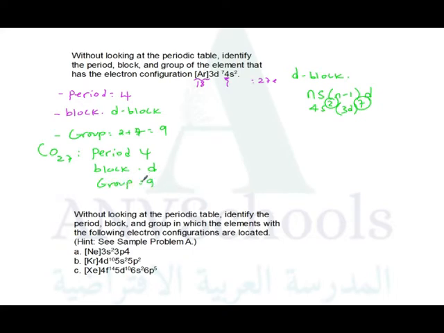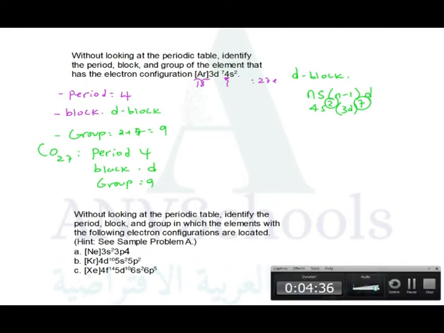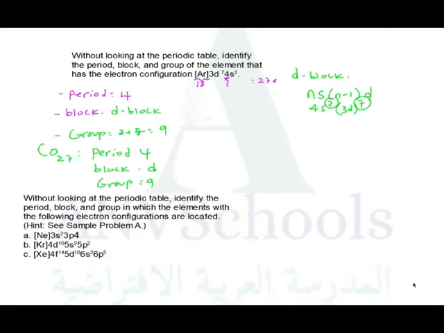Now you can open up your periodic table and see period 4, go to the d block, and starting from the first, group 1, group 2, group 3, group 4, when you reach group 9, you can easily locate cobalt. So the next question is also simply locating elements according to their electron configuration.